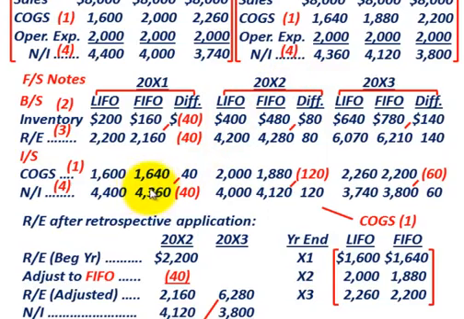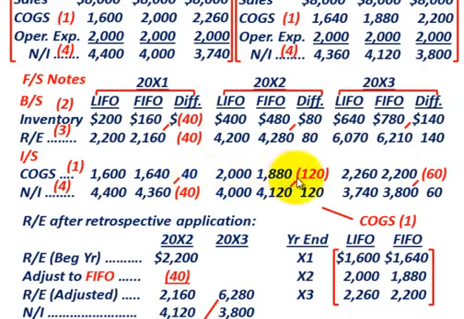So the difference on our net income: our cost of goods sold increased by 40,000, so our net income reduced by 40,000 or 40. 4,400 minus 40 gives us 4,360 for our net income. Okay, so that's what you're going to have to show here. That's why we made our calculations for net income for both LIFO and FIFO, for restating it.